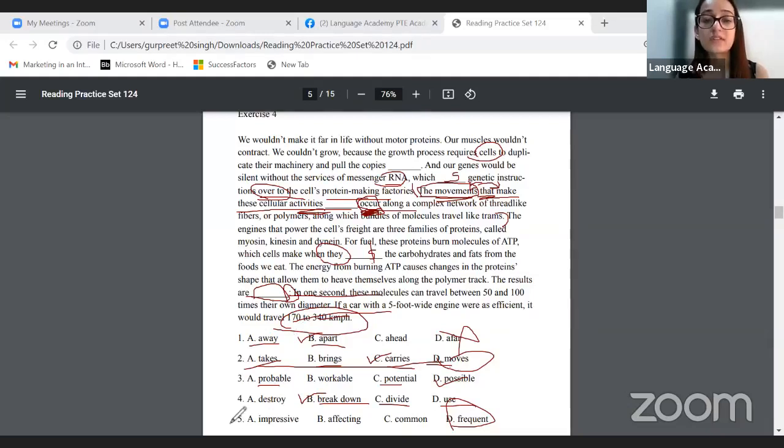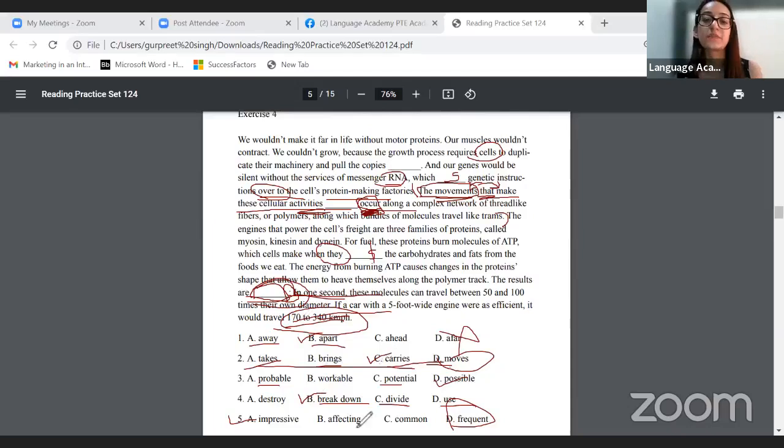So they wanted to say the results are impressive, means our body works at a speed that, if we compare it with a car, would be 340 kilometers per hour. This is the speed with which our body works. So this is an impressive thing. We cannot even think of driving the car at 340. That's why they were saying it is impressive that in 1 second they travel between 50 to 100 times. It is the distance that they cover.